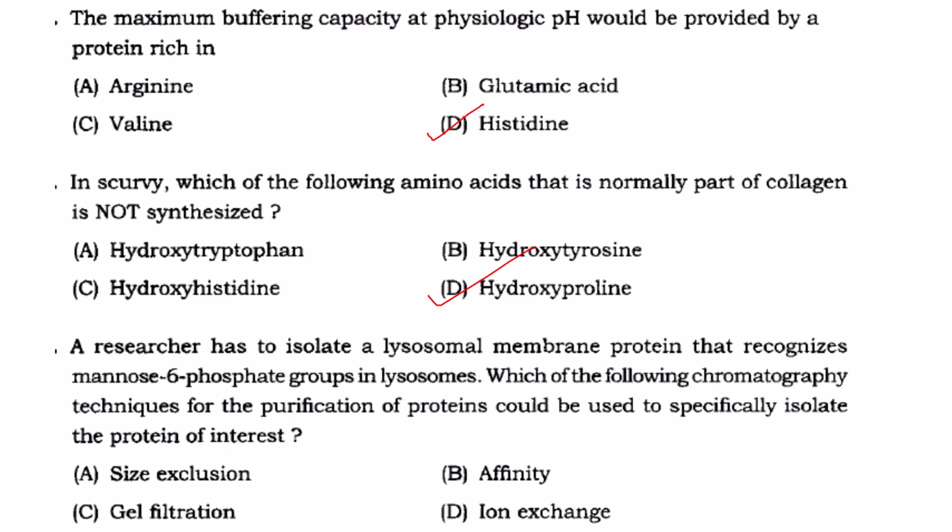Now next one, a researcher has to isolate a lysosomal membrane protein that recognizes mannose 6-phosphate group in lysosomes. Which of the following chromatographic techniques for the purification of protein could be used to specifically isolate this particular protein of interest?